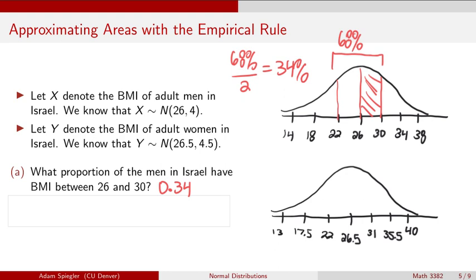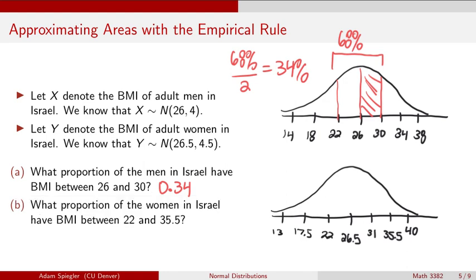Let's similarly look at a probability question that asks what proportion of women in Israel have a BMI between 22 and 35.5. So let's sketch this on the graph below. Here we are at 22, and here we are at 35.5. And the proportion of women that have a BMI between 22 and 35.5, I've shaded in blue.